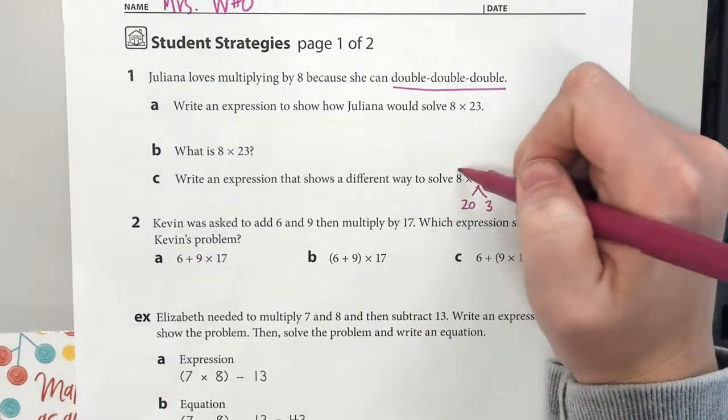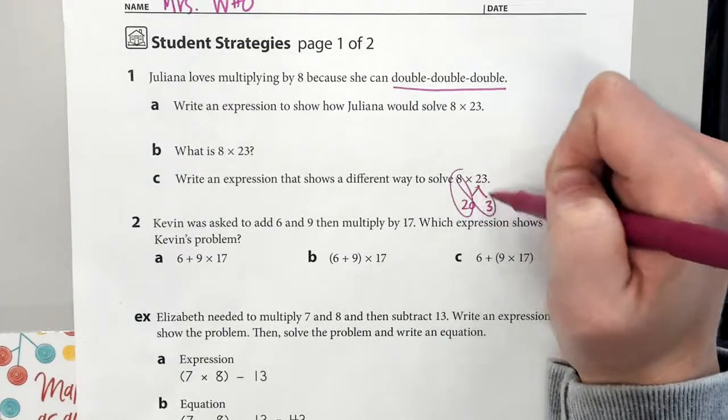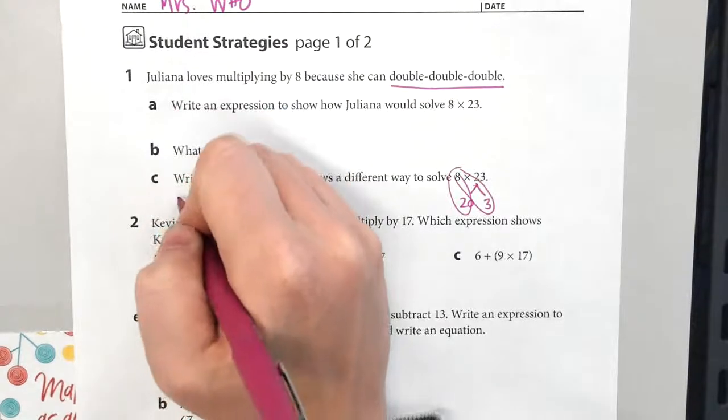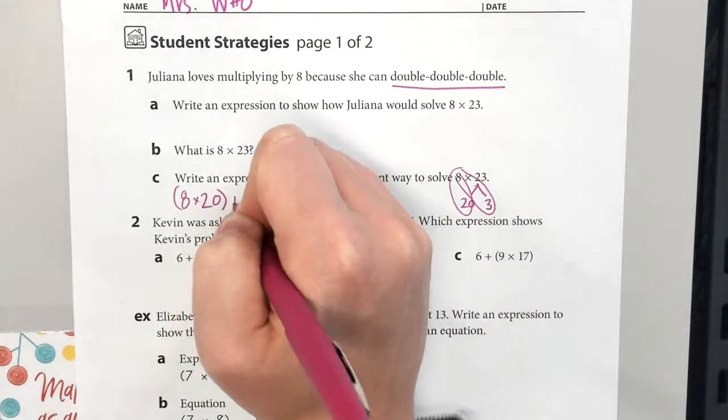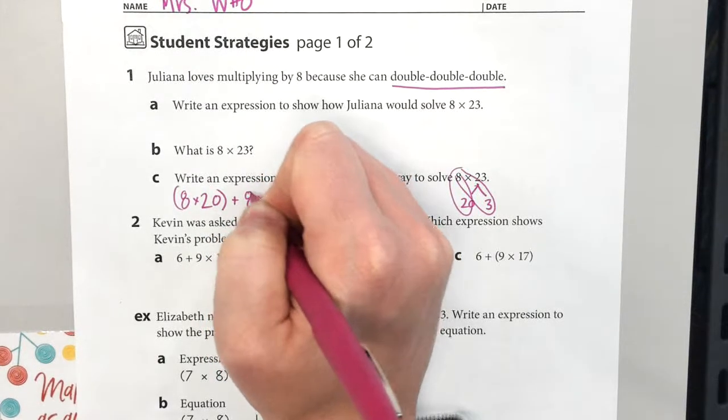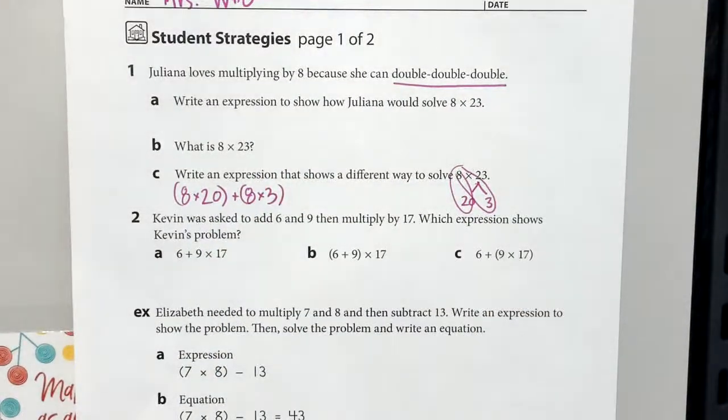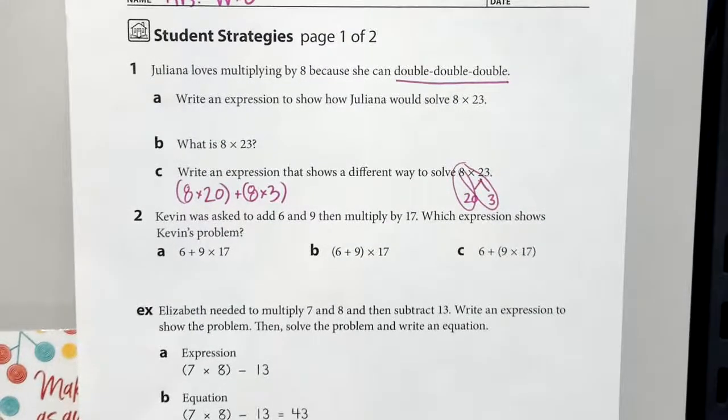And then take 8 times 20 and 8 times 3. Here's how I would write that with an expression. That's a great strategy to use. For letter C, if you have a different strategy that you would like to write, you sure can. Make sure that you finish A and B right now so you can pause your video while you do that.